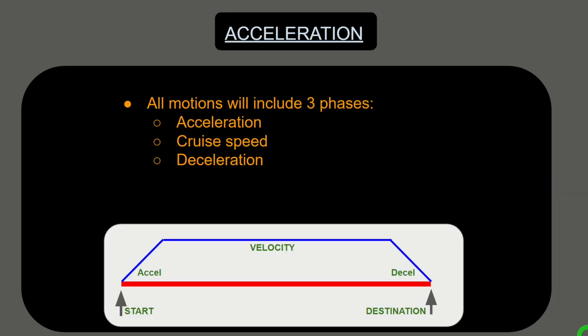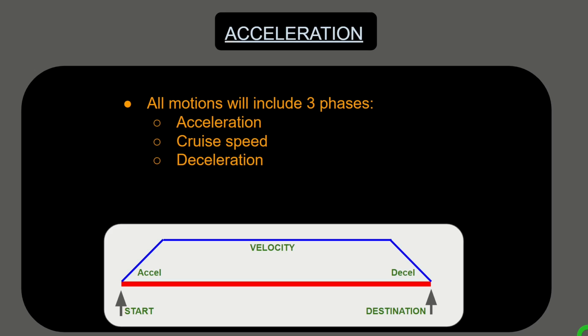Now, every motion will include 3 phases. That's a little bit of a misconception, but for the purposes of this explanation, we're always going to assume we're starting at some velocity. We need to achieve a velocity, and we will decelerate to another velocity.